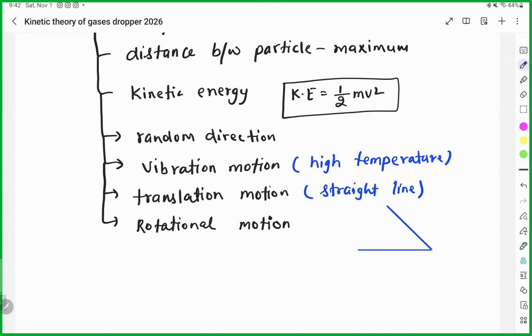In SHM I said vibrational motion is to and fro, and it occurs at high temperature, right?